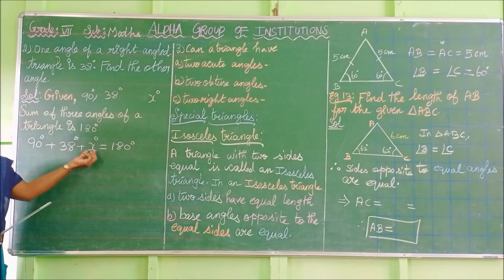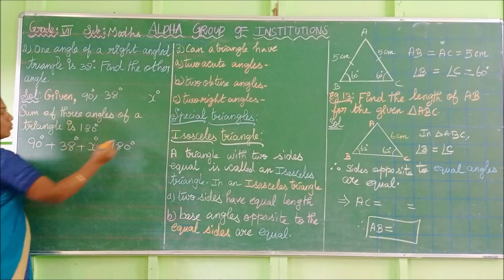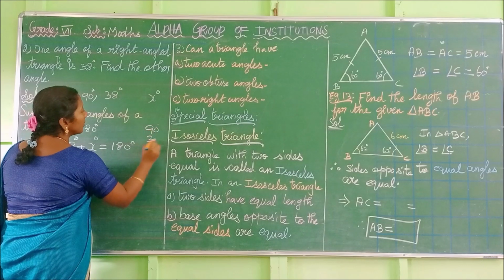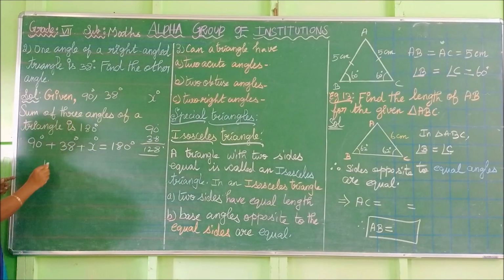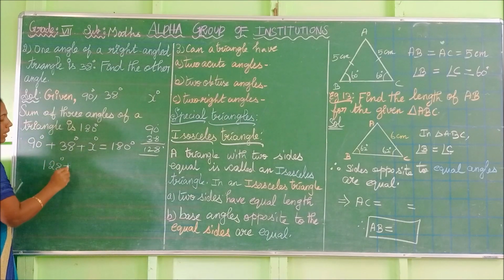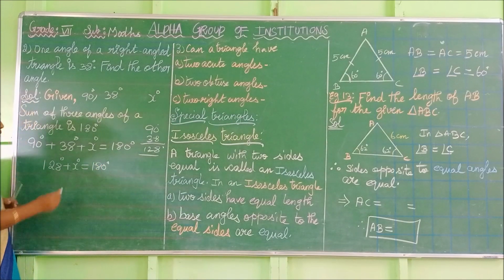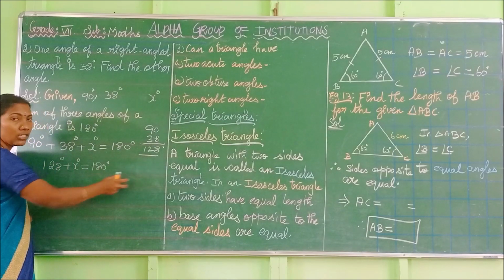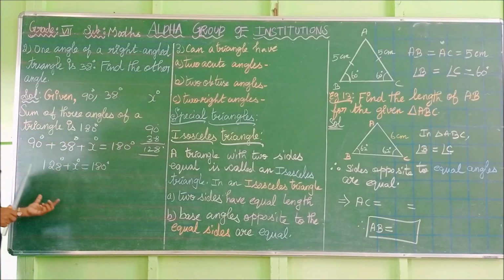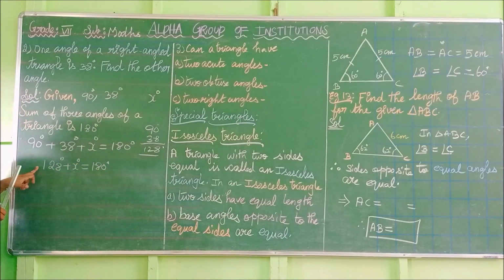Now we are going to find the value of x, that other angle. So for that we have to add these two. 90 degrees plus 38 degrees. What is the answer? 128 degrees. So 128 plus x degrees is equal to 180 degrees. In order to find the value of x, we are bringing this 128 to this side, from LHS to RHS. While we move a term from LHS to RHS, its sign should be reversed. What is the sign of 128?